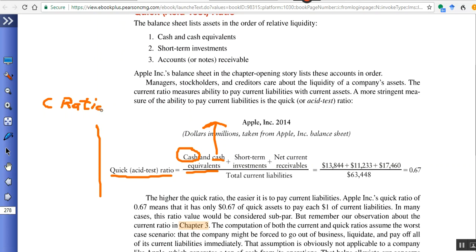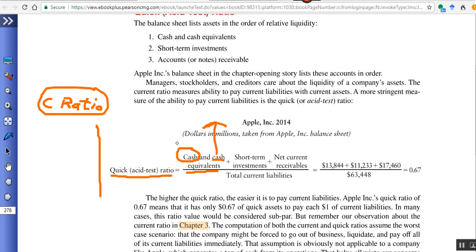The current ratio that we talked about previously basically encompasses more in the numerator on top. The quick acid test ratio, or the quick ratio as some people call it, ignores inventory. Inventory is a current asset, but it is ignored by the quick acid ratio test.